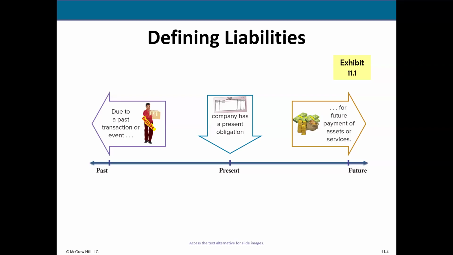So that bill represents the transaction, which is the consumption of electricity that happened last month. That bill is an obligation to me. It's a liability. I owe it. It is currently due within the next 30 days, so it is a current liability. It's a result of a past transaction.